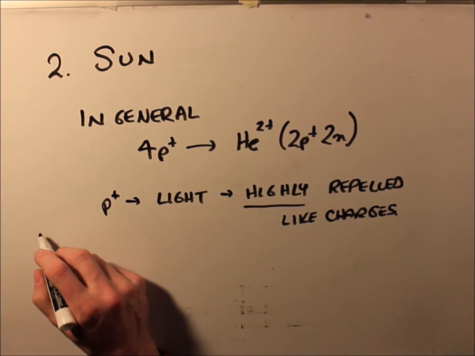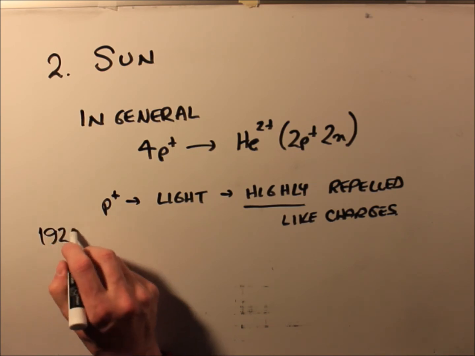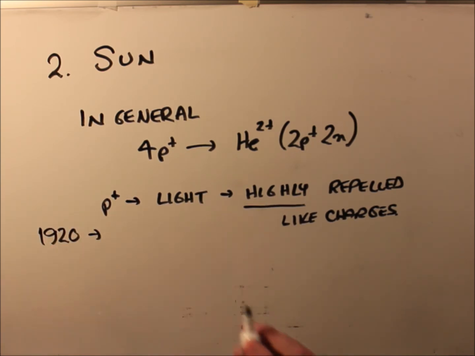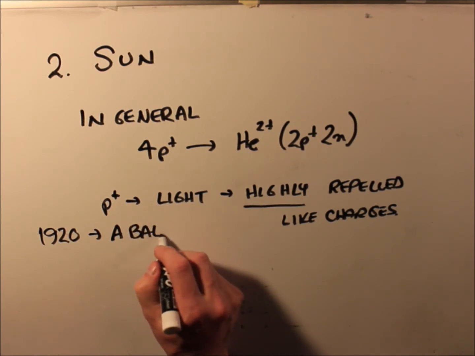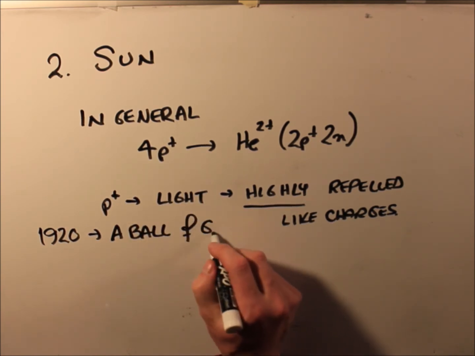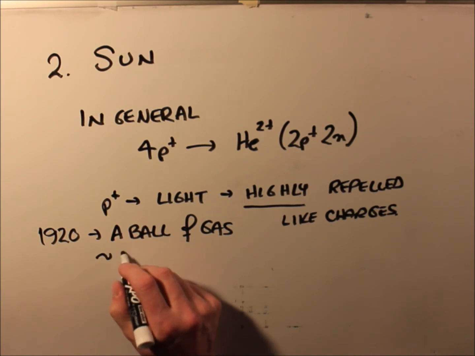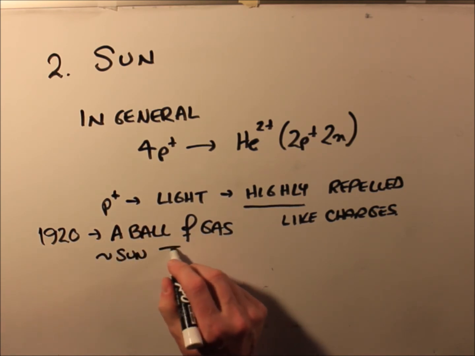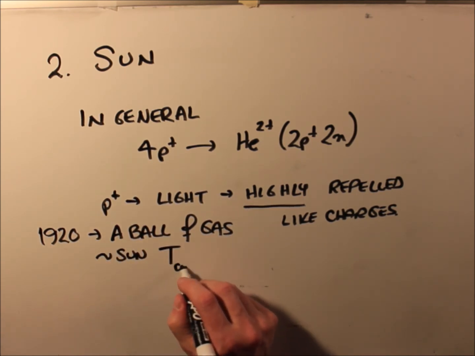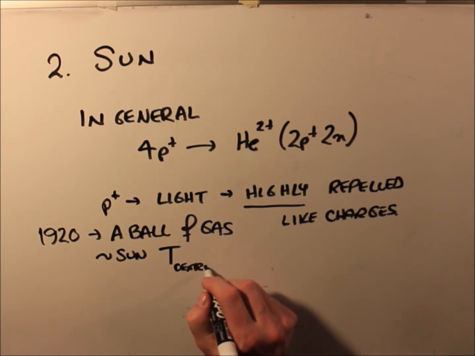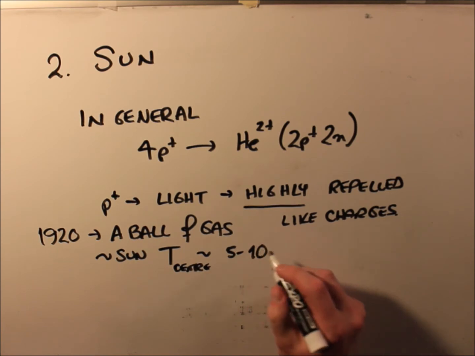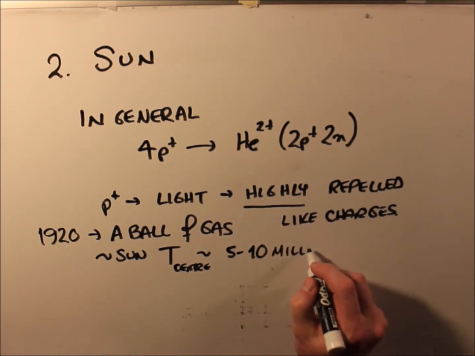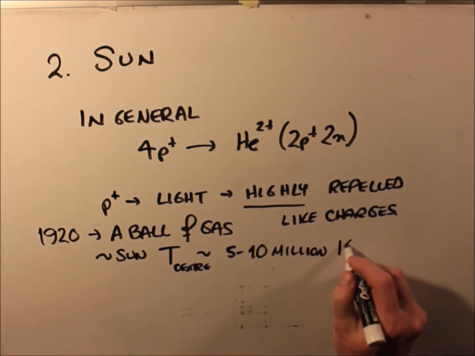So around 1920 or so, they calculated that a ball of gas of the sun's size would have a temperature at the center of somewhere between 5 to 10 million Kelvin.